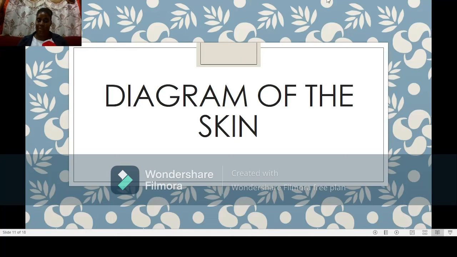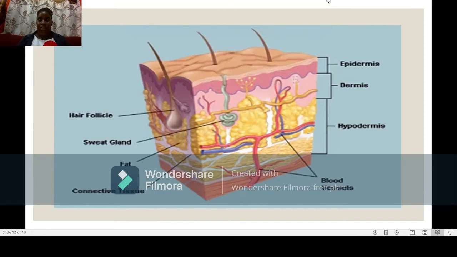Now, let's further examine the layers of the skin. We have a diagram of the skin. Now from this diagram, we see our epidermis, dermis, and hypodermis. We are also seeing that our hypodermis consists of the blood vessels, connective tissues, fat. We are seeing that in our dermis, we have the hair follicles and the sweat glands.